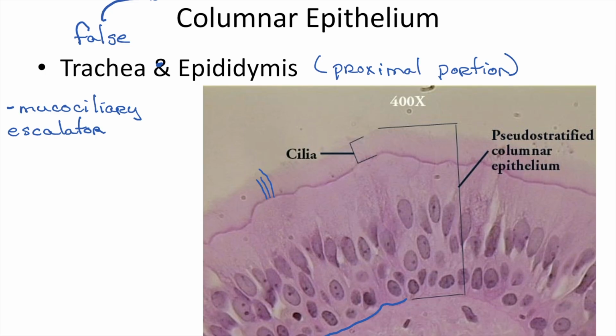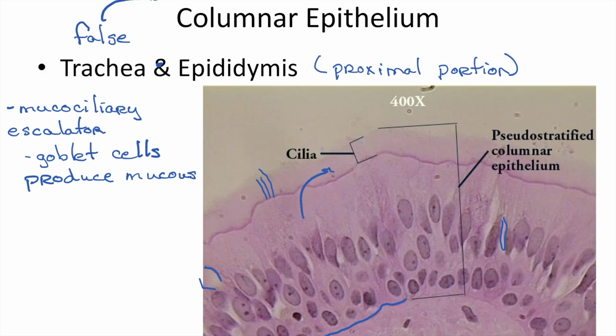So you can see in this slide of the trachea over here, and to a lesser extent over here, part of a cell called a goblet cell. Goblet cells produce mucus. And that mucus is secreted onto the surface of the cells surrounding the cilia.